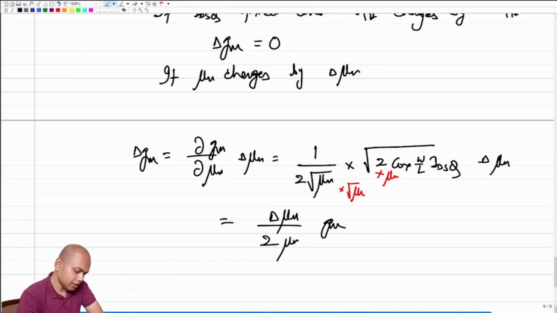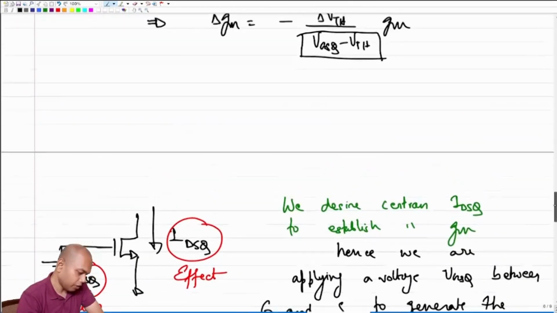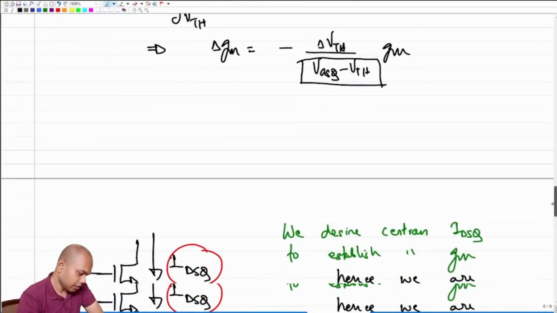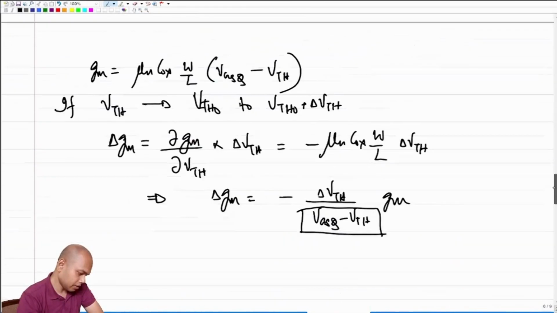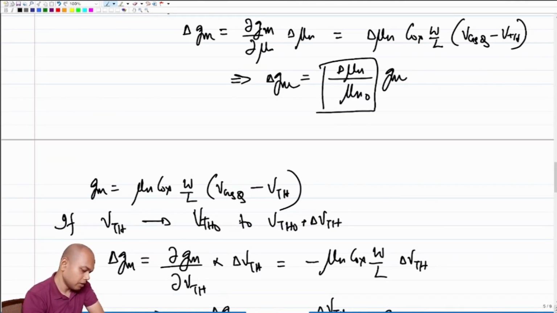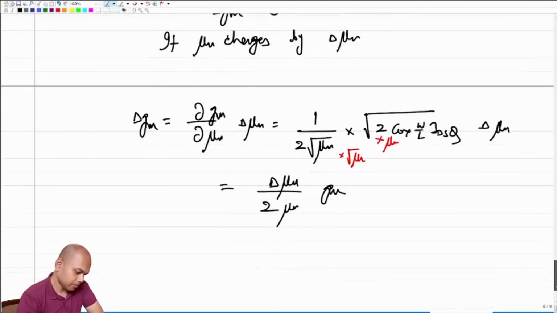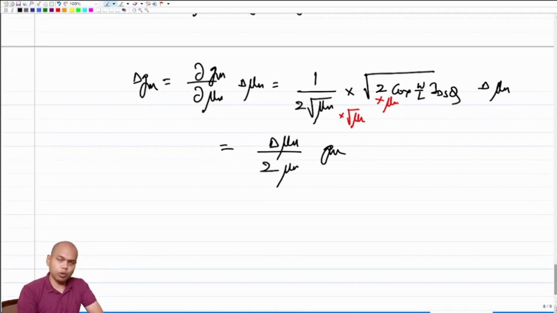Note that this is better than the previous case where we did voltage biasing. In the case of voltage biasing, it was delta mu n by mu n times GM. In this case, it will be delta mu n by 2 mu n times GM.